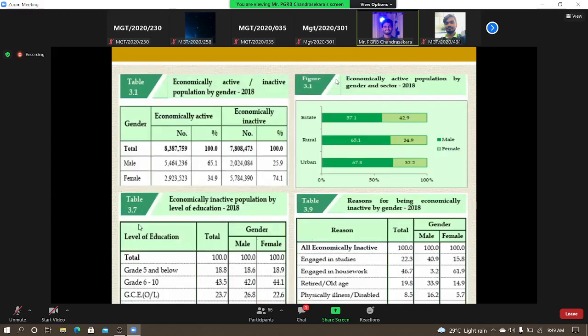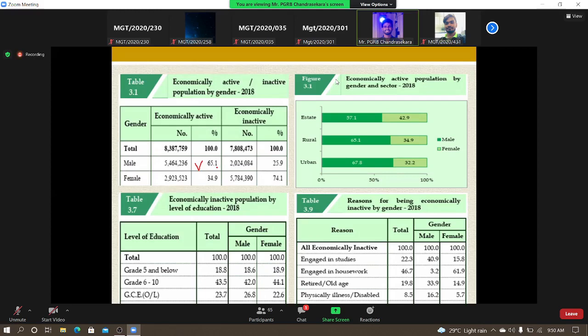But just carefully look here, by basing on gender, the economically active people, 65.1. I mentioned this earlier.